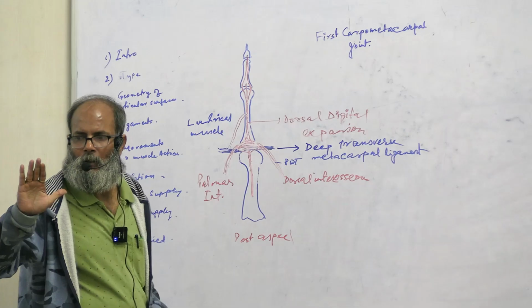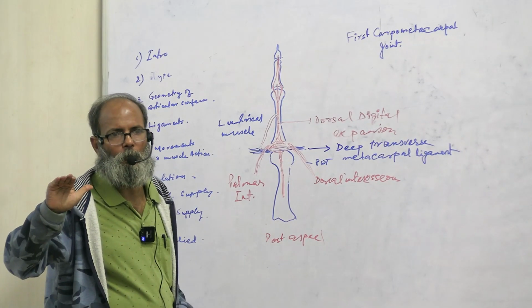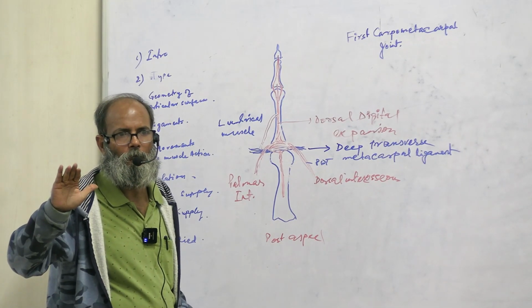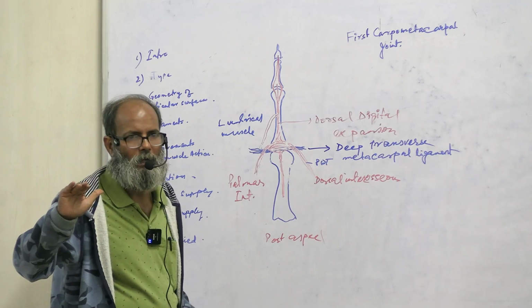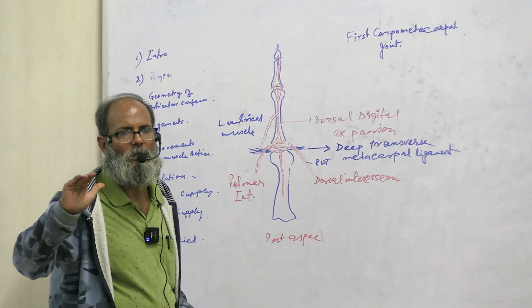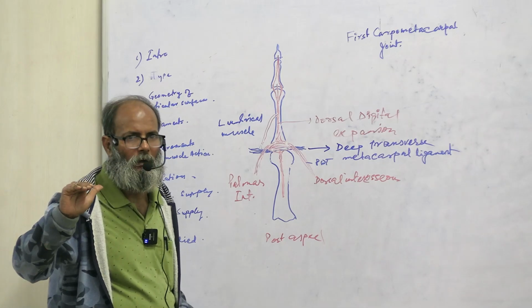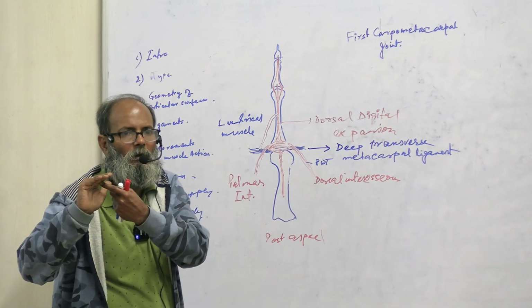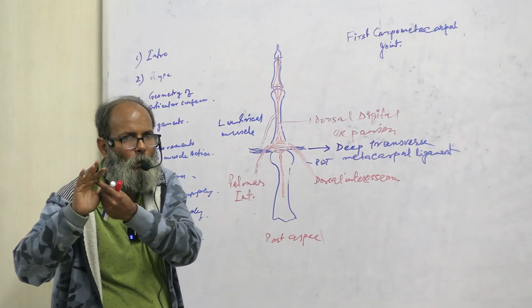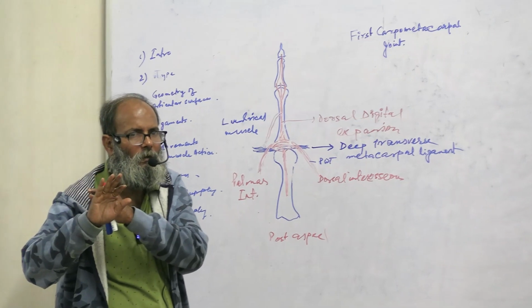All of them flex the metacarpophalangeal joint, right? And extend the interphalangeal joint, where the lumbrical being more in the anterior plane and more distal, will pull much more than the interosseous. Yes or no?